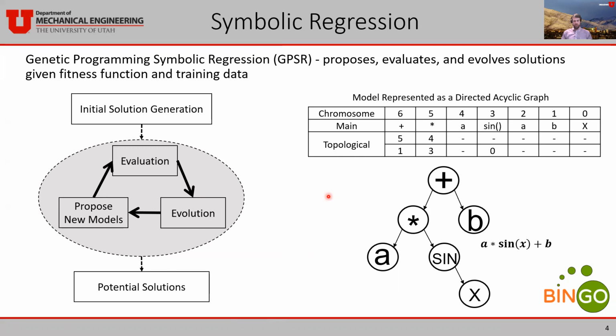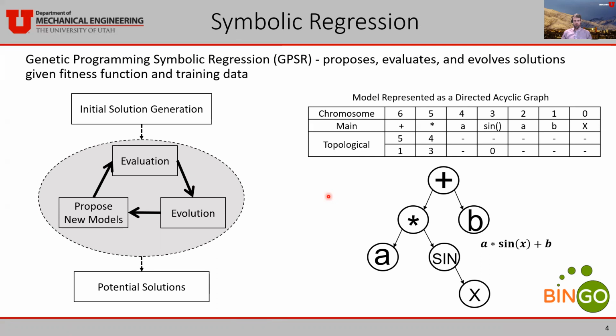Another critical aspect of representing equations or solutions in the form of graphs is that the required new proposal models within each subsequent generation need to somehow combine aspects of the best solutions from the previous generation. And that can be done through a method called crossover, which is just random recombination of two graphs. So essentially mixing columns of two of these graphs or equations together.